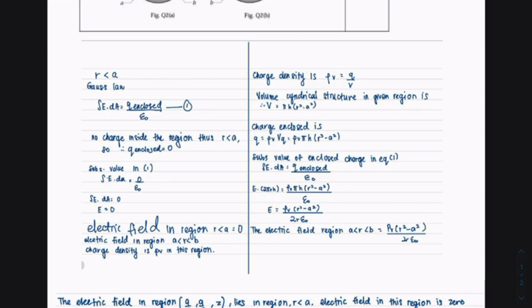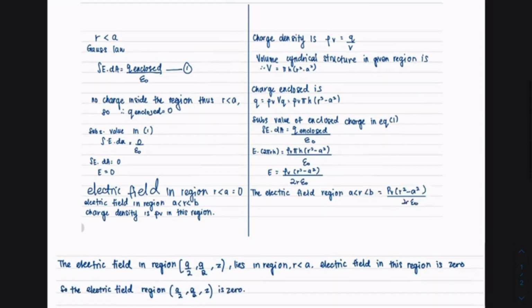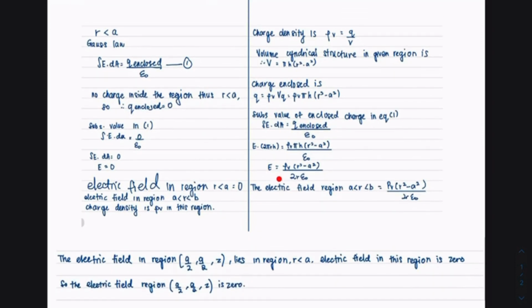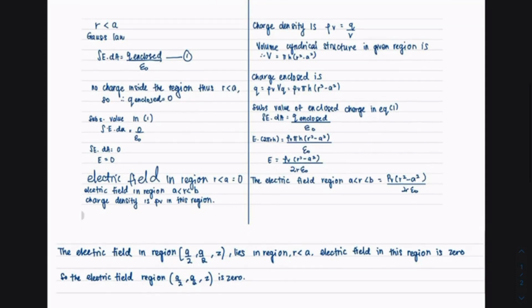So the equation becomes E times 2 pi r h equal to rho V pi h times r square minus a square over epsilon naught. Then the electric field becomes rho V times r square minus a square over 2r epsilon naught. Therefore, the electric field in region R greater than A and less than B is rho V times r square minus a square over 2r epsilon naught.